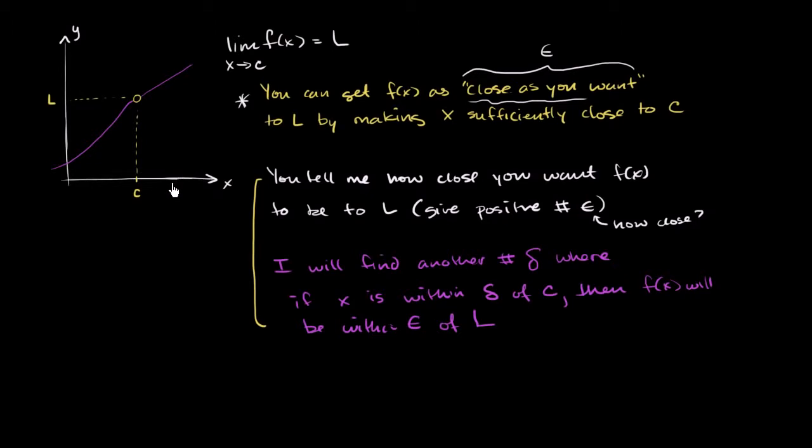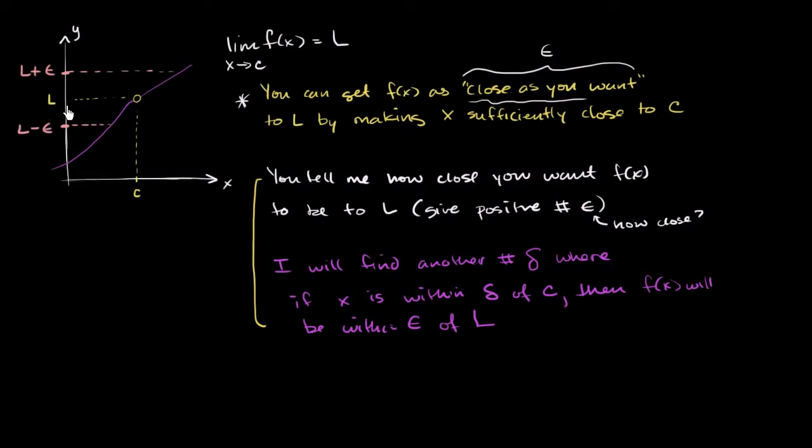So let's make this a little bit clearer by diagramming right over here. You show up and you say, well, I want f of x to be within epsilon of our limit. So this point right over here is our limit plus epsilon. And this right over here is the limit minus epsilon. And you say, OK, sure.